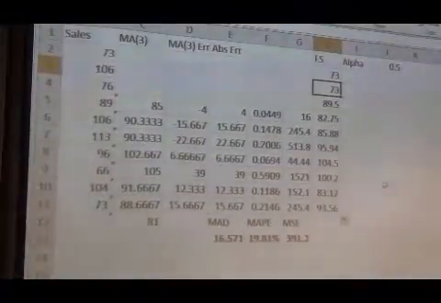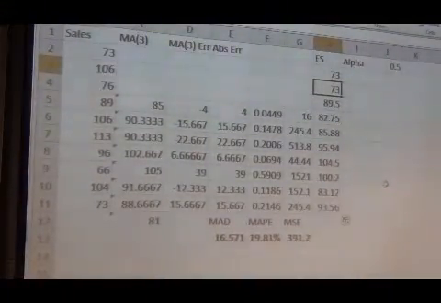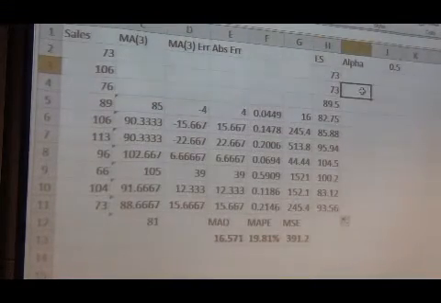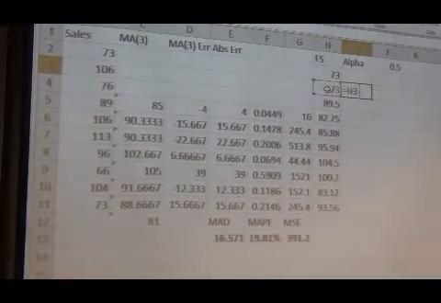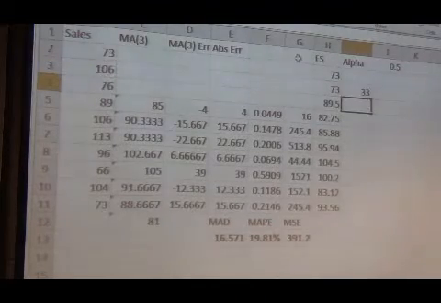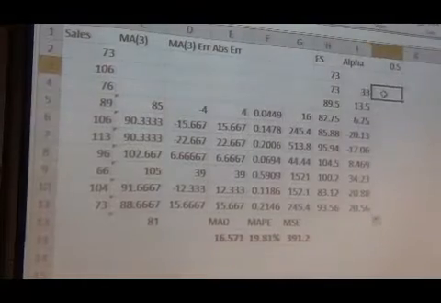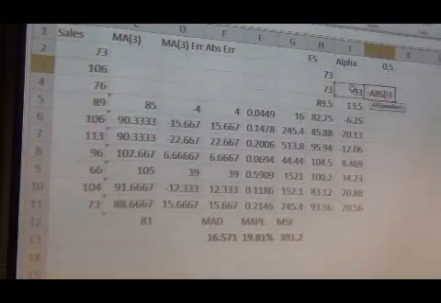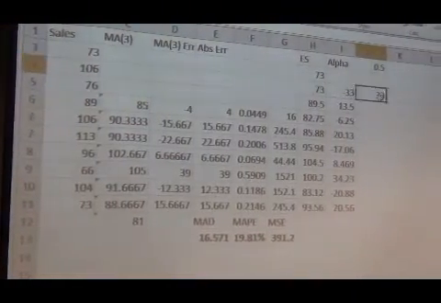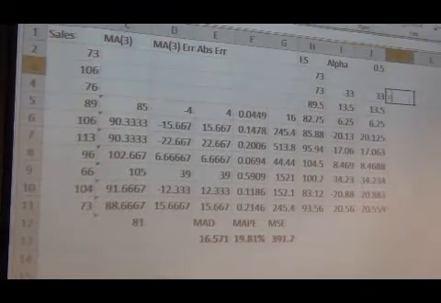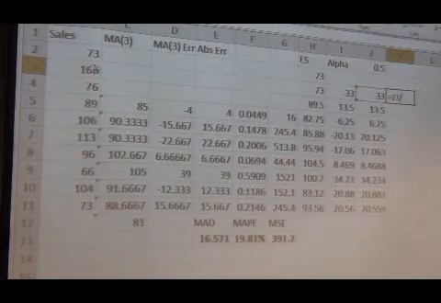Let's compute error, absolute error, and squared error, and compare it. So again, I'm not going to compare week 1, since we don't really have any way to make a prediction for it. We just had to guess or had to cheat and look it up. So let's compute error, absolute error, and percent error.